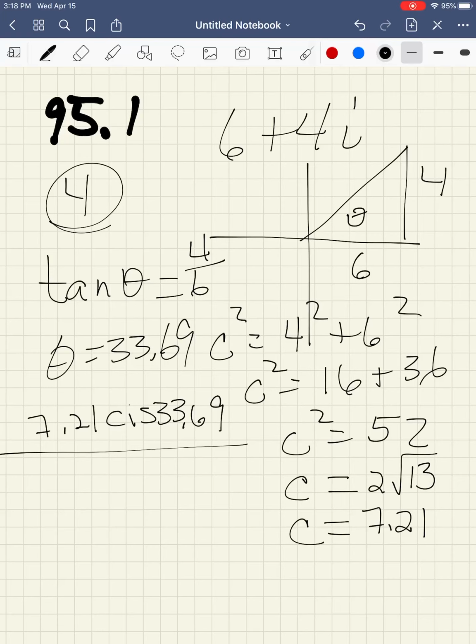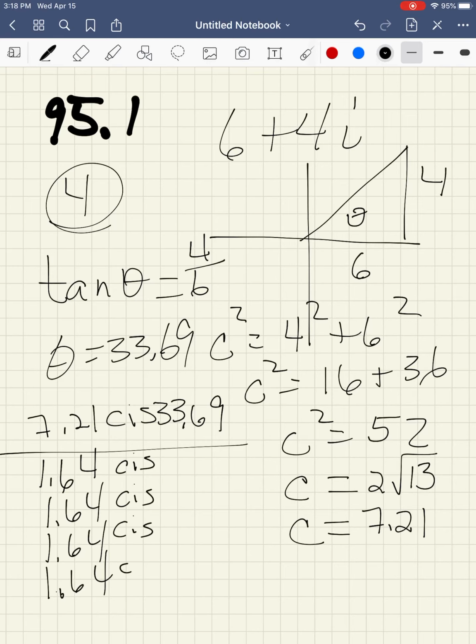So that gives us 1.64. We have 4 of them, so write it down 4 times. And remember, we have cis, cis, cis, cis. The beauty of this is I haven't seen them ever ask you to put it back into rectangular form. It'll be asking us to leave it in polar form like this one does.